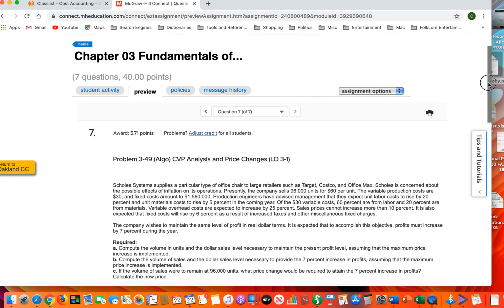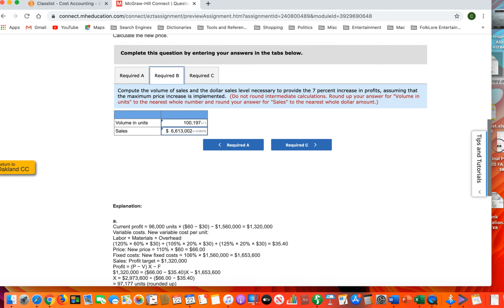Okay. And with C, if you kept it at 96,000 units, you didn't sell any more units than 96,000, but you wanted that 7% increase in profits, you've got to do something with the price. The price has to go up. Well, what you do is you take the new sales volume that you have to have and divide it by the 96,000 units, and that'll give you the $68.87 that I got.